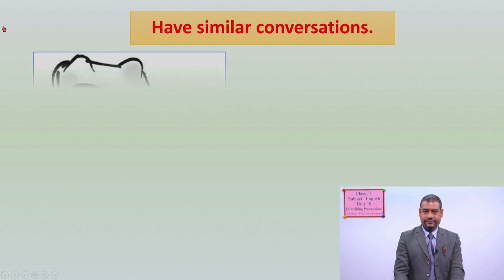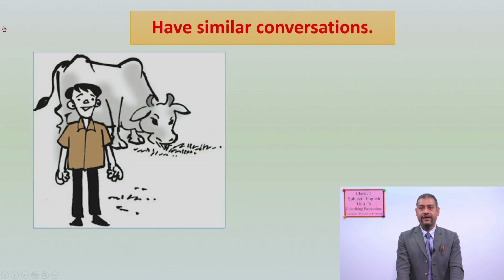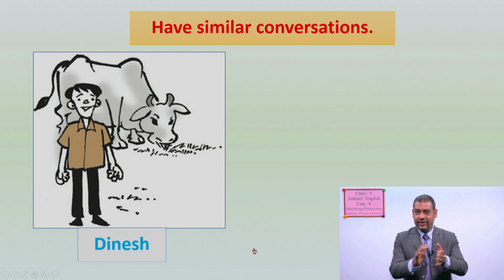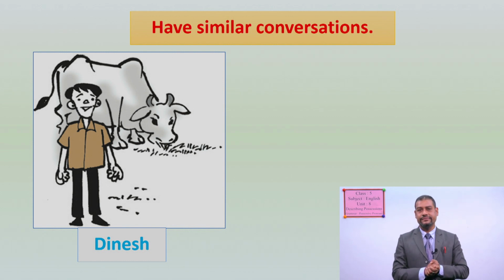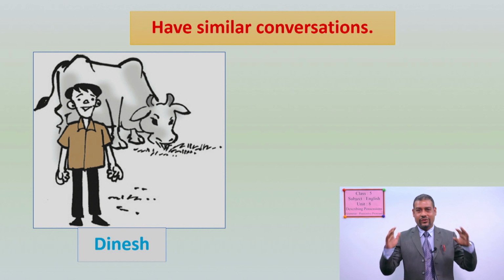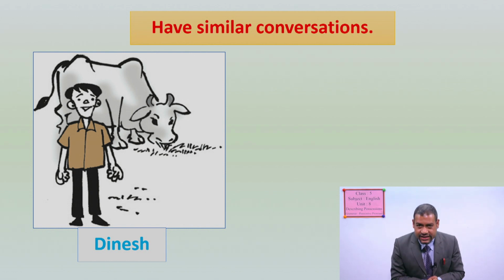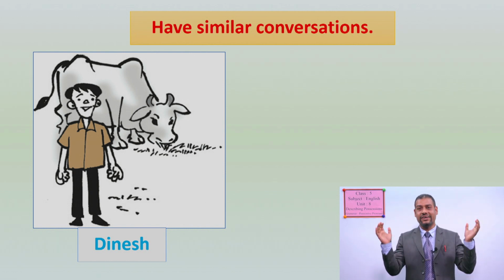Likewise, another picture I have for you, and you can see a boy and there's a cow, okay? So the name of the boy is Dinesh. Now, again you have to tell me the question. Please write it down and tell me. Okay, what's the question you have written down? Okay, very good.